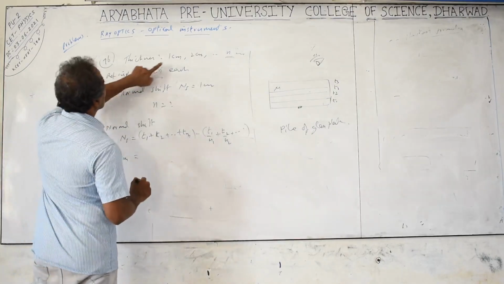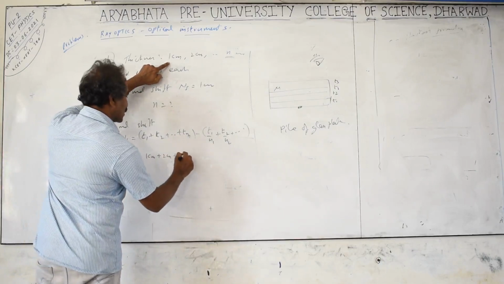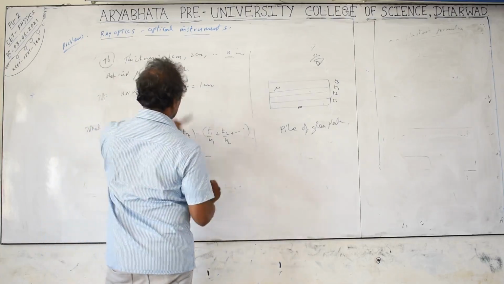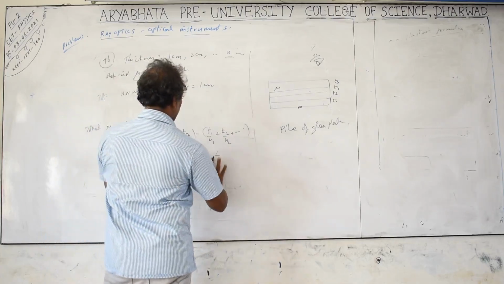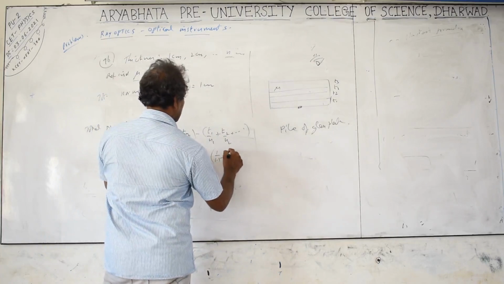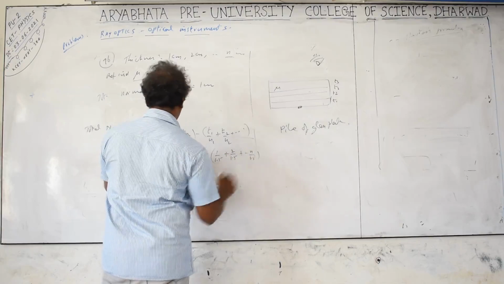So 1 centimeter plus 2 centimeters plus and so on up to n centimeters, minus 1 by 1.5 plus 2 by 1.5 plus and so on, n by 1.5.